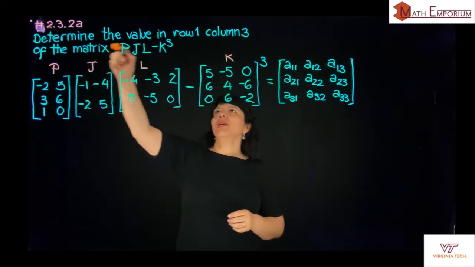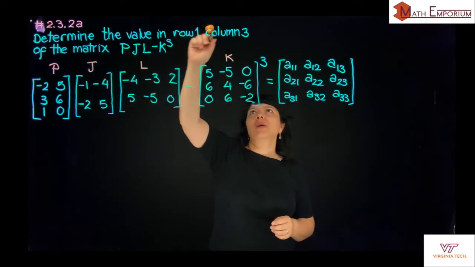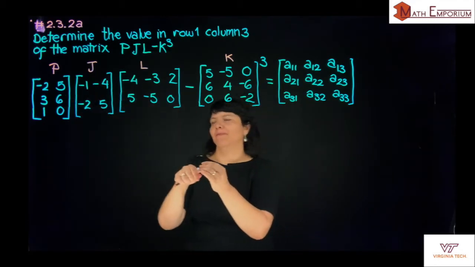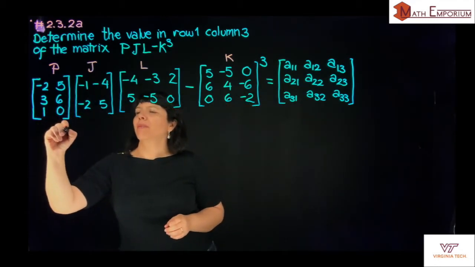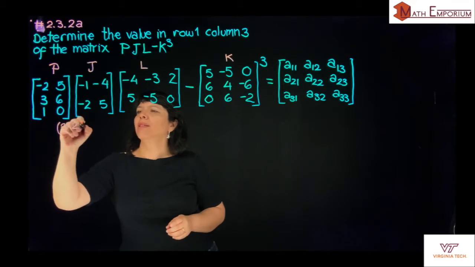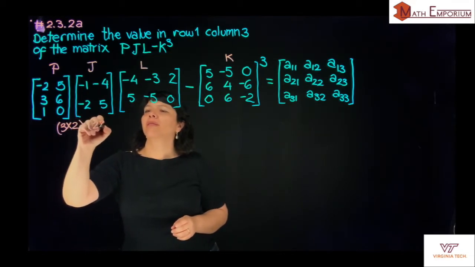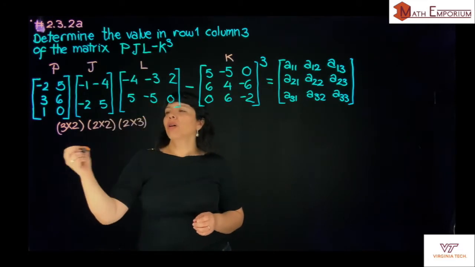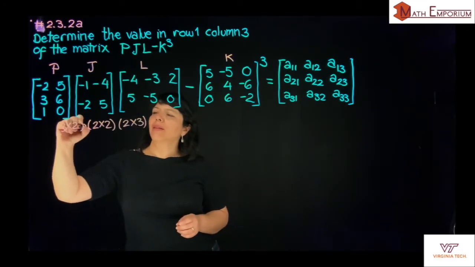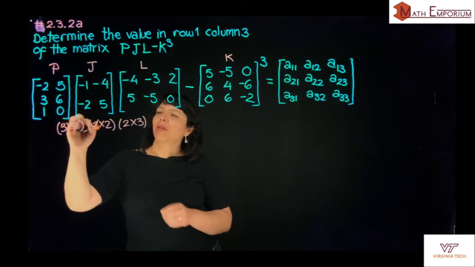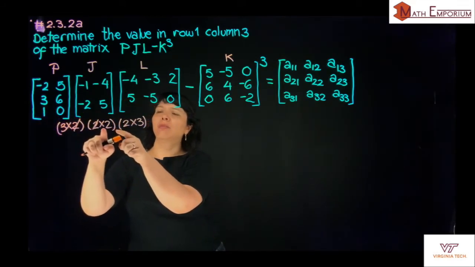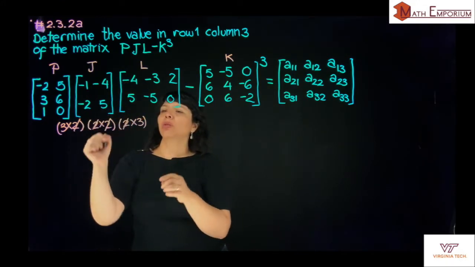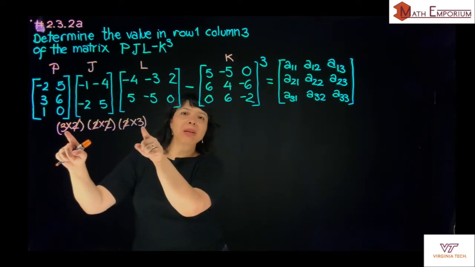Because we are asked to determine the value in row 1, column 3, let's see. This is a 3 by 2 matrix, this is a 2 by 2 matrix, and this is a 2 by 3 matrix. So when you multiply the first two, I get a 3 by 2 matrix, and when I multiply times L, I'm going to end up with a 3 by 3 matrix.